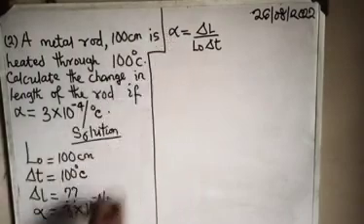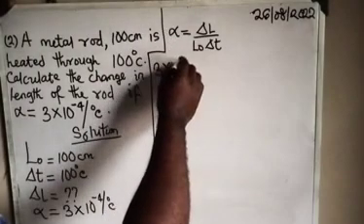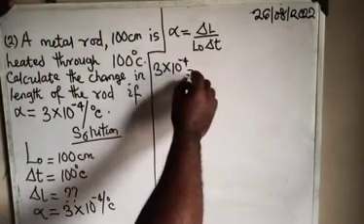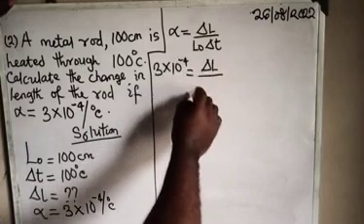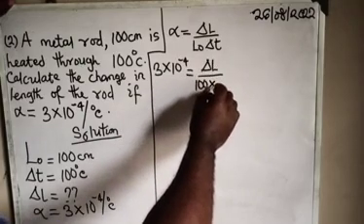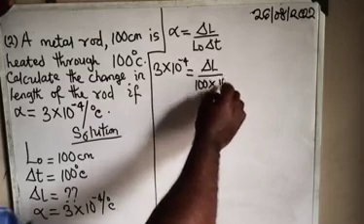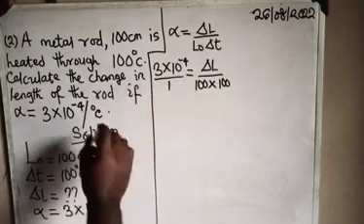What was our original length? 100 cm. What was our change in temperature? 100 degrees Celsius.